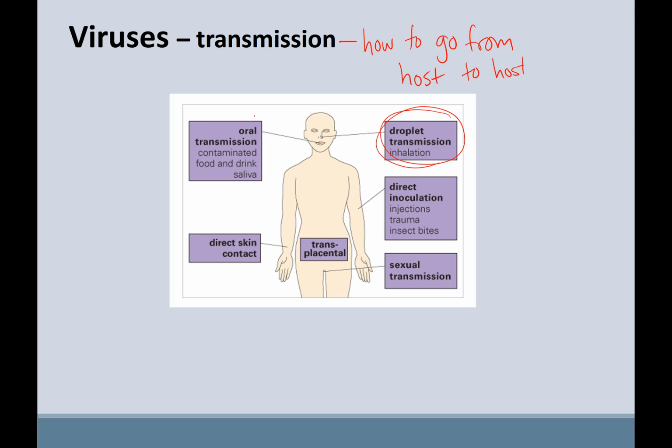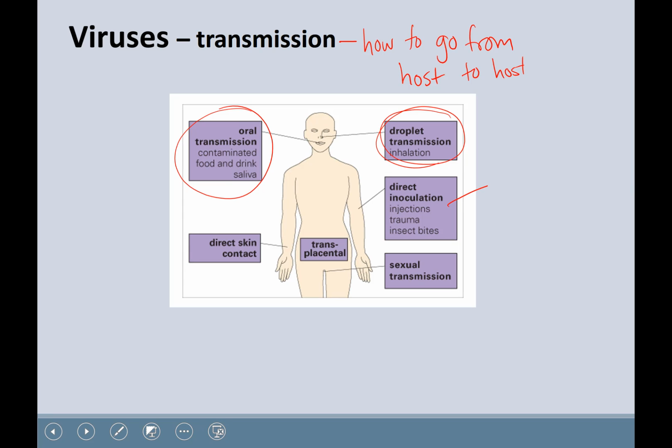Okay. Oral transmission is if you drink something contaminated or eat something that's contaminated with a virus. So for instance, poliovirus is transmitted orally. You ingest it, it replicates in your gut.